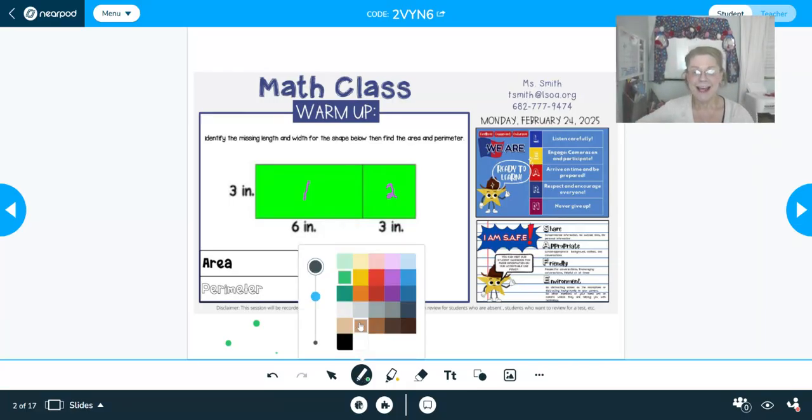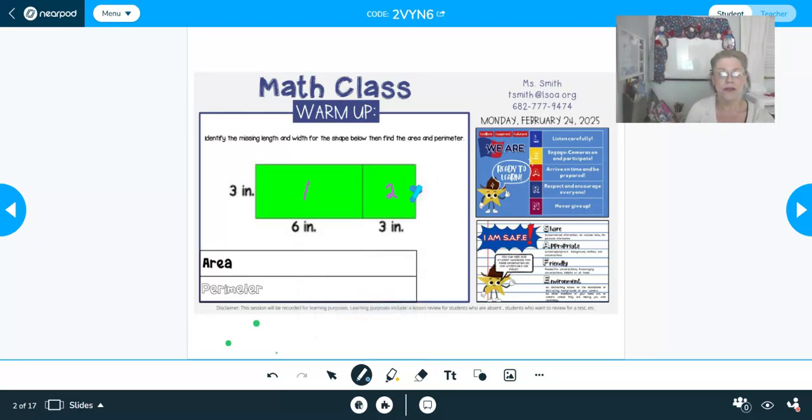So whatever our length is, top to bottom, on the left, it would be the same for the right. Whatever our width is from side to side, for the top, it would be the same for the bottom. So opposite sides are always going to be the same.